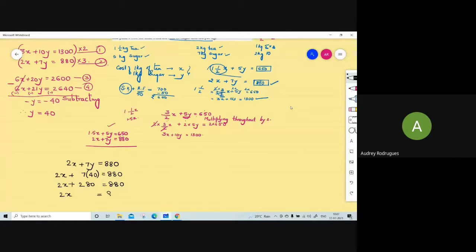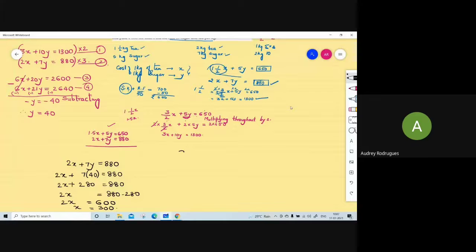Okay, is it 880 minus 280? Yes. No, sorry, I wrote 800 minus 280. That's why the answer is wrong. So make it 880 minus 280, so you will get 600. So x will be 300.